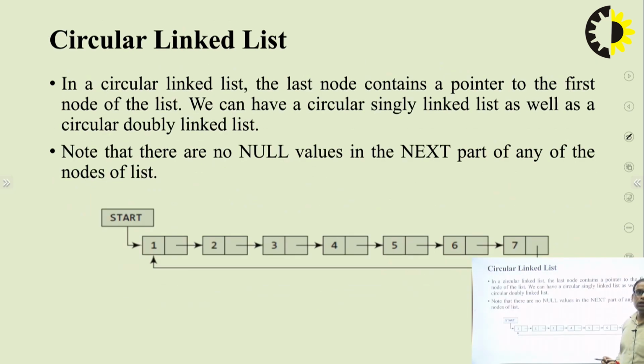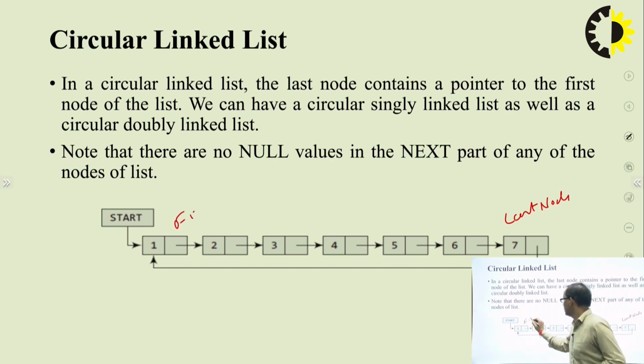Next one is the circular linked list. A circular linked list is the same as the simple linked list or single linked list, but there is a basic difference. In a circular linked list, the last node of the linked list is connected to the first node. This is the last node, and this is the first node.